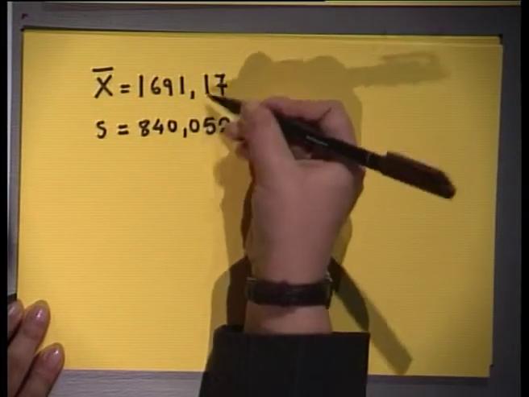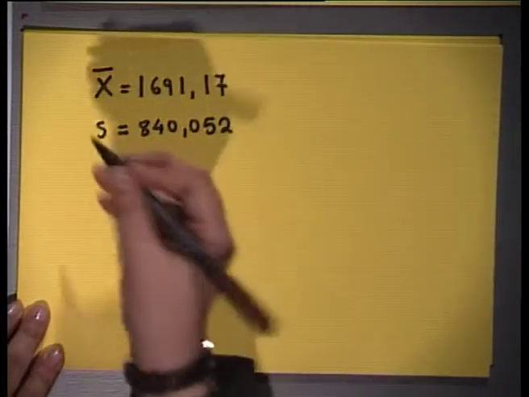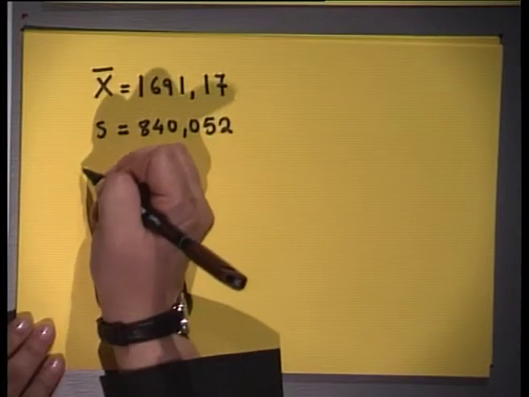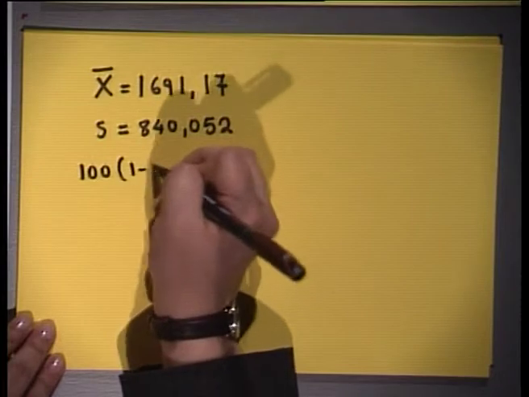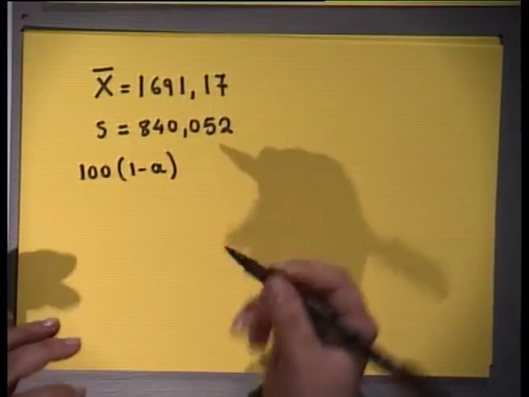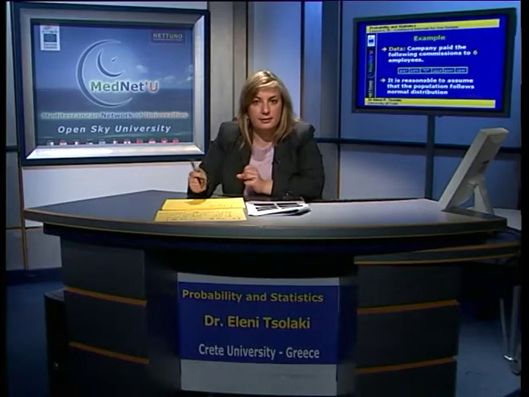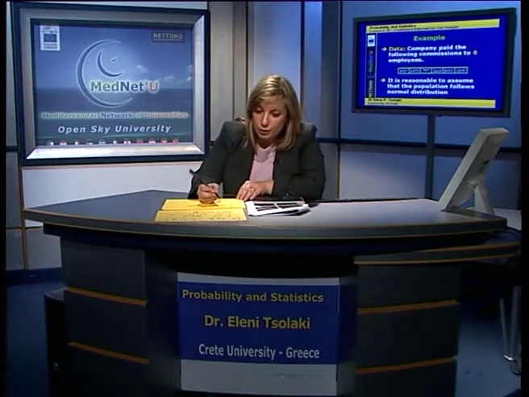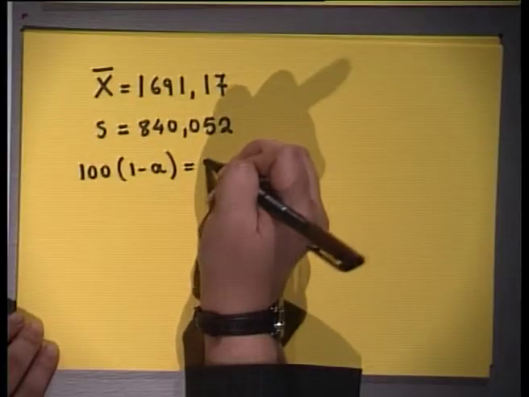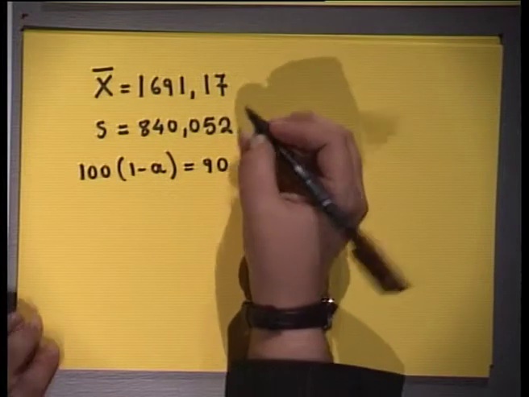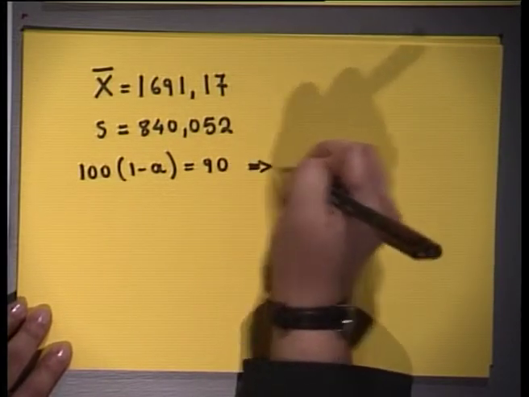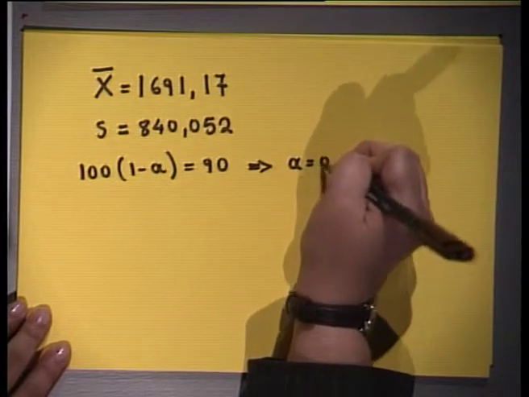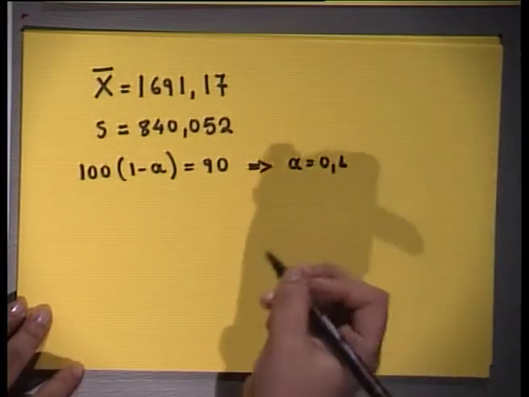We have learned how to calculate this from data. Now we want to find the 100 times 1 minus a% confidence interval. Let's assume that this is 90% we are looking for, and from here we have that a equals 0.1.